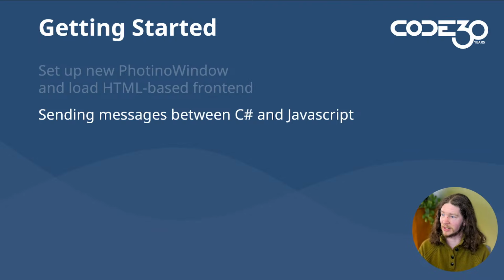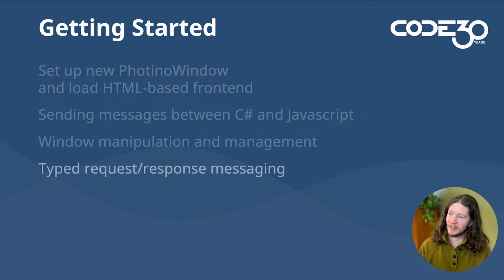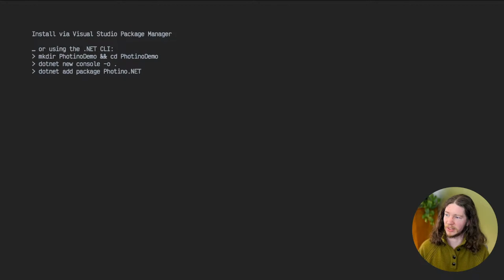We will then take a look at what window manipulation and management options you have for Photino. And then later we build on that first messaging to expand on it, make something more complicated, something more production ready. And I will also explain why we are not doing that necessarily by default.